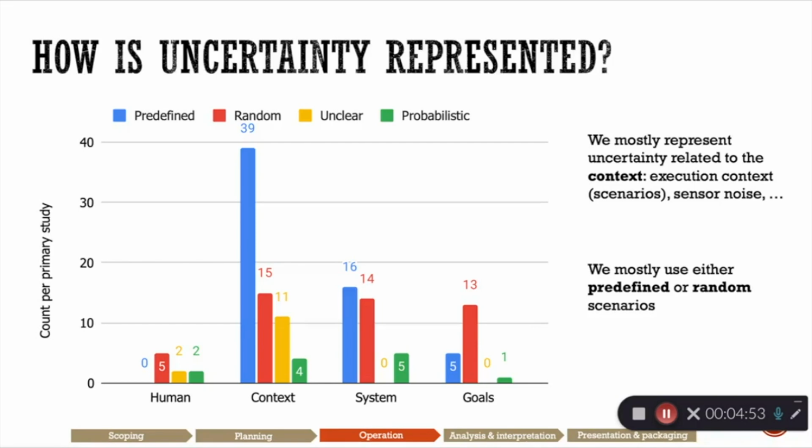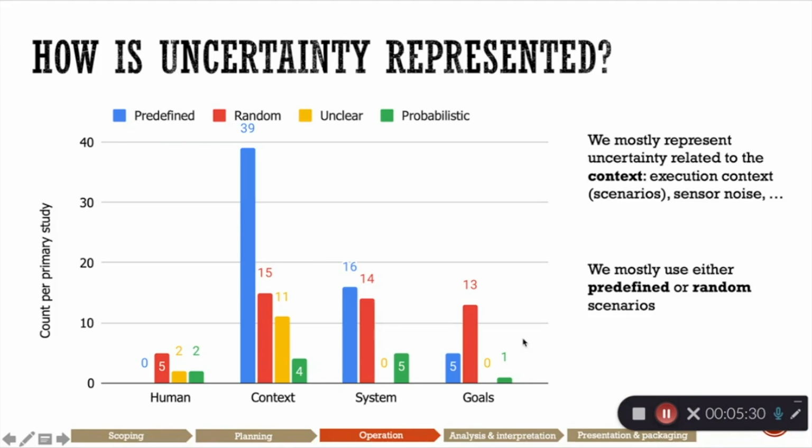Next, in the operation phase, one of the questions we posed is how uncertainty is represented in SIMS experiments. So we extracted the different representations of uncertainty and again classified them according to 2 dimensions: according to the modeling of uncertainty, that could be classified into predefined model, random model, unclear or probabilistic model, and according to what the uncertainty is capturing, whether it's human, context, system, or goals.